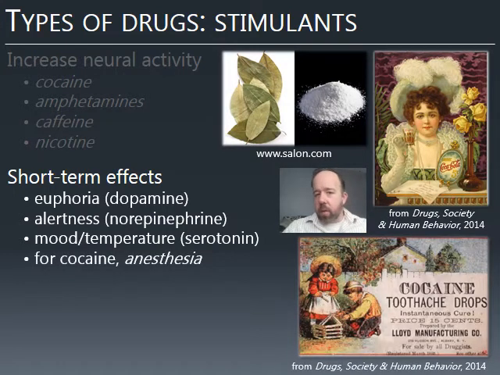For cocaine in particular, it's interesting. Cocaine in sufficient dosage can block sodium channels. Now, if we remember from our unit on the action potential, sodium channels are necessary for neurons to send electrical impulses. And cocaine can block those sodium channels, which is why cocaine can also be used as a topical anesthetic. It can deaden nerves temporarily.